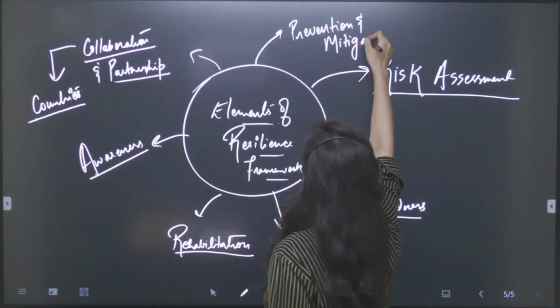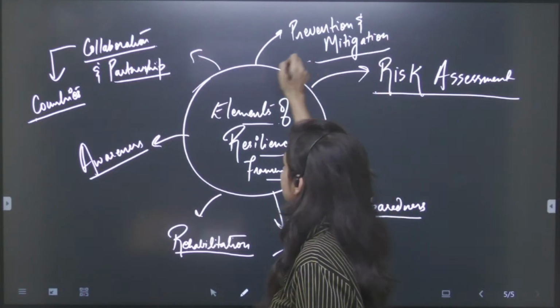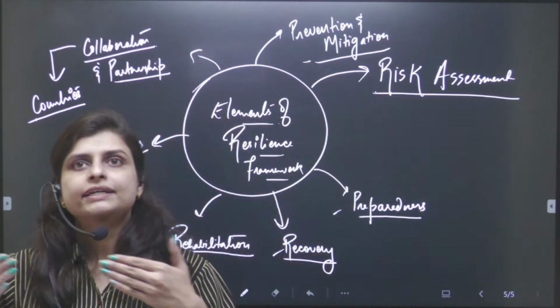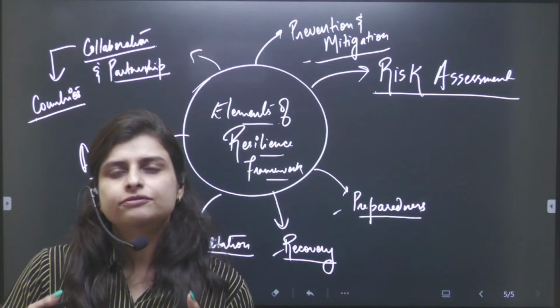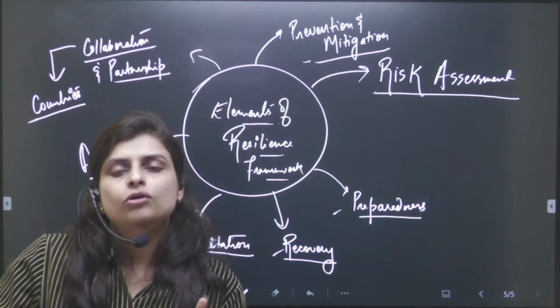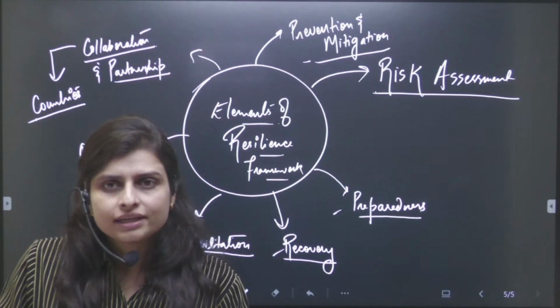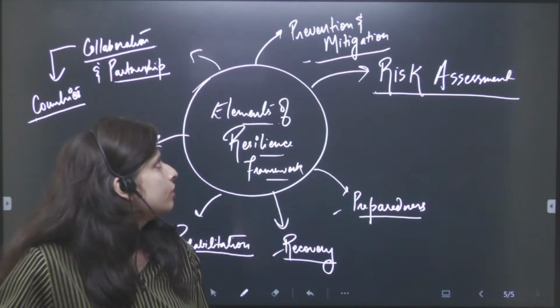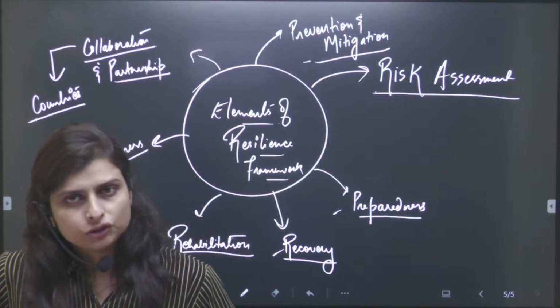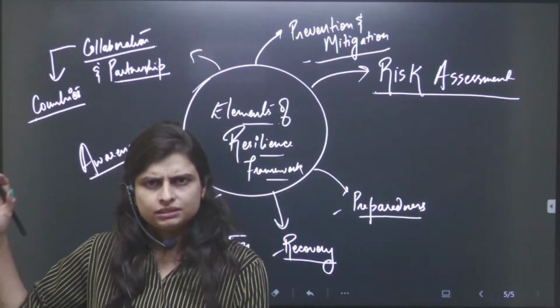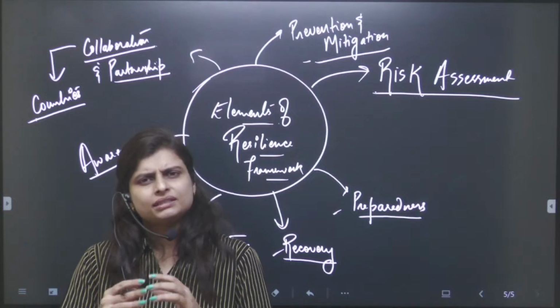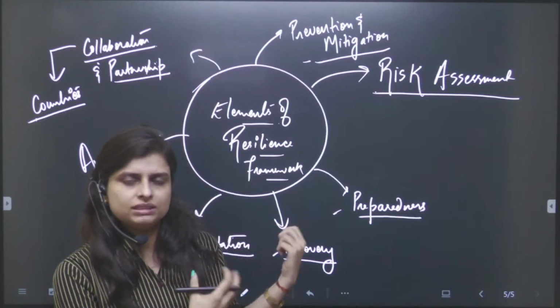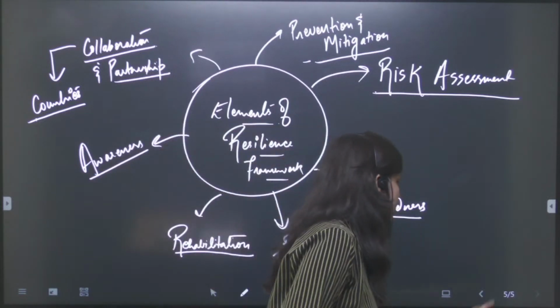That means first we'll try to control it, and if anyhow things become out of control, do we have our plans ready for that also? So that is with respect to prevention and mitigation. This could be explained in detail, but these are the key points that you need to keep in mind.